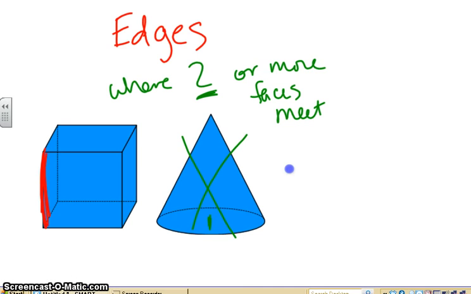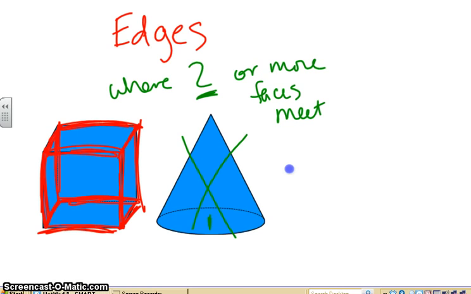So I would say 1, 2, 3, 4, 5, 6, 7, 8, 9. Did I get them all? No, there's still 3 more. 10, 11, and 12. Now that I've done that, I can't see any more lines, so I know that my cube has 12 edges.